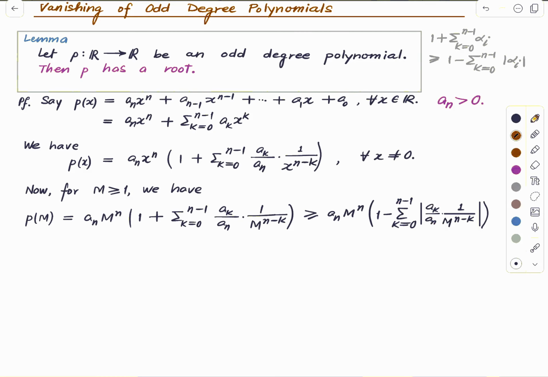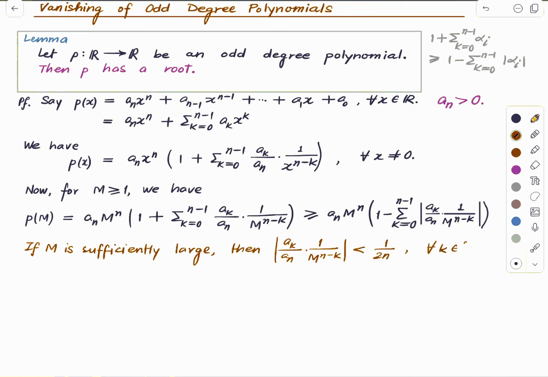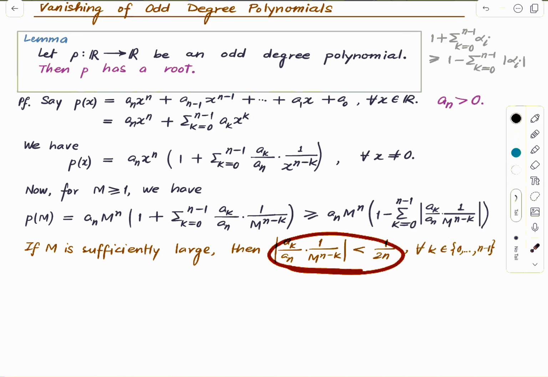So if m is sufficiently large, then this is all that you need to justify: that if m is very large, then this thing is less than some convenient value.